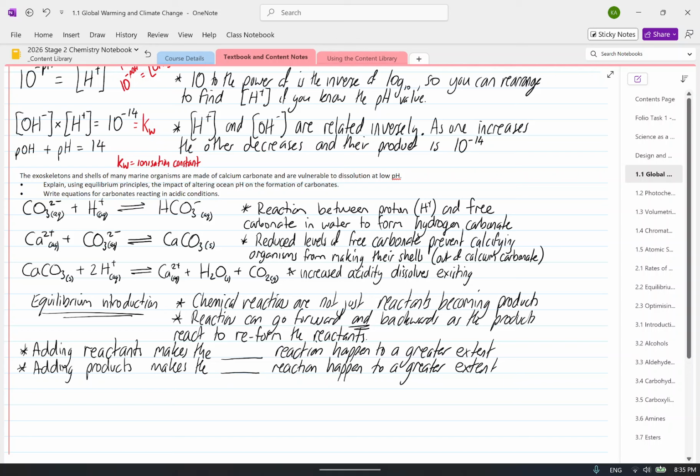Now, this term, equilibrium, will be investigated much more thoroughly later, so I'll just do an introduction of it here.